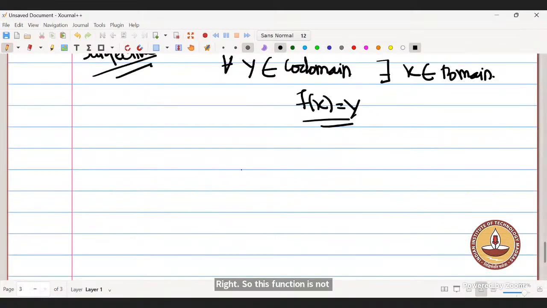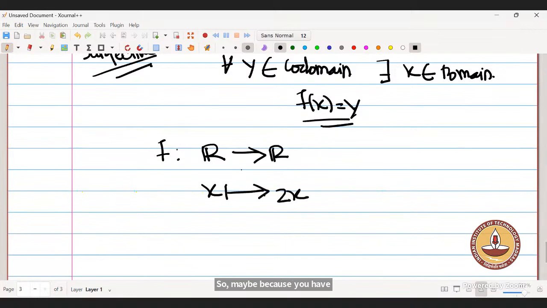So again, let's take one more example, 2x square plus 3x plus 1. Do you think this is an onto function? Do you think this is one-one?